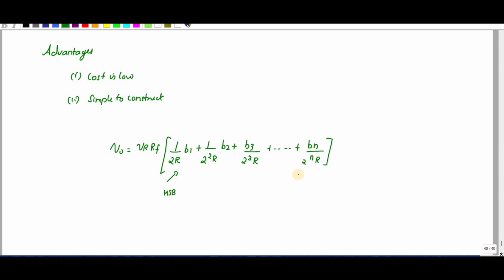So this 2R represents the MSB, most significant bit, and 2 power n R represents the least significant bit. So this is your output voltage that you are getting using this type of DAC, which will convert my current into voltage. Okay, so here the supply voltage needs to be constant.